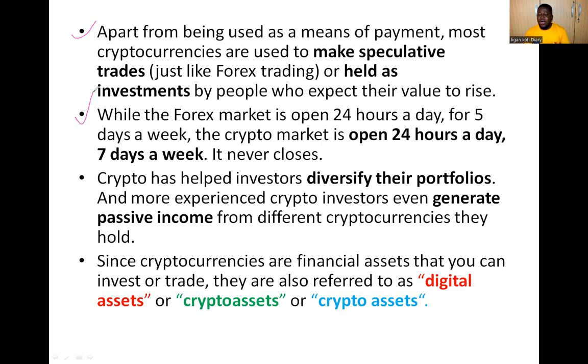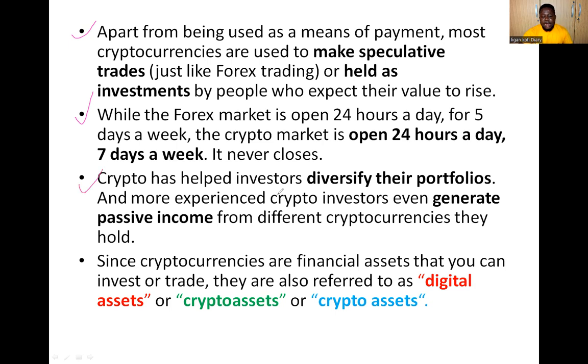It opens 24 hours for 7 days. So it's just running every day. Today, as we speak, is the weekend, but the crypto market is still running as we speak. But the forex market is closed. So that is how the crypto market is. It has no off day. It has no holiday. It's something that runs every day for 24 hours.